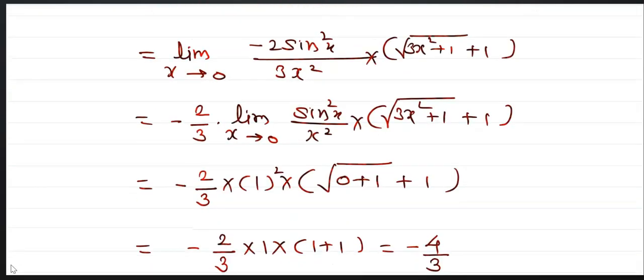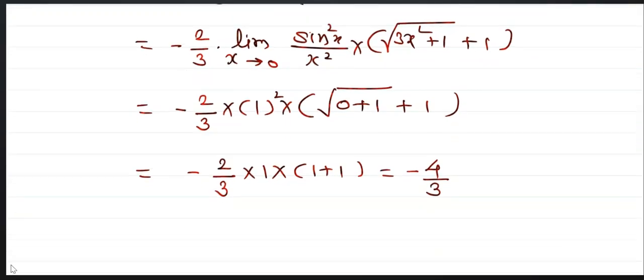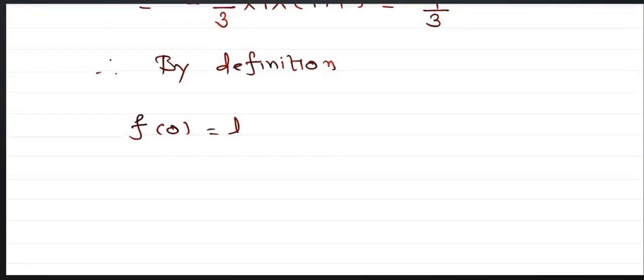And next, overall that is equal to minus, 1 plus 1 is 2, 2 into 2 is 4, that is minus 4 upon 3. Therefore by the definition, f of 0 is equal to limit x tends to 0 of f of x, that is minus 4 upon 3.